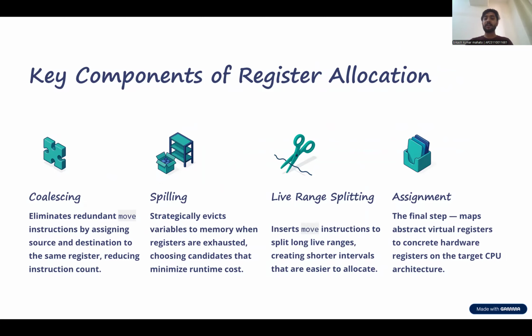Live range splitting divides long variable use into smaller intervals for easier allocation. Assignment is the final mapping of virtual registers to actual hardware registers. Together, these techniques reduce instruction count, improve speed, and use resources efficiently.